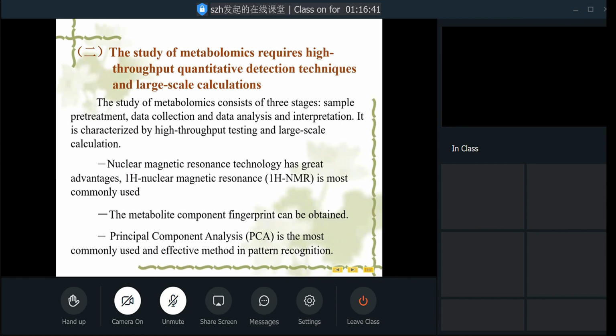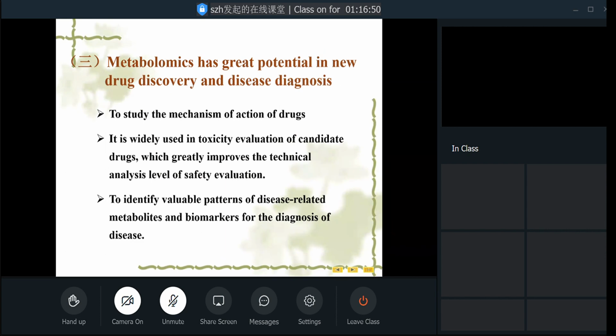Another thing, the metabolic component fingerprint can be obtained. For this, you can see metabolomics has great potential in new drug discovery and disease diagnosis, to study the mechanisms of action of drugs and their function.